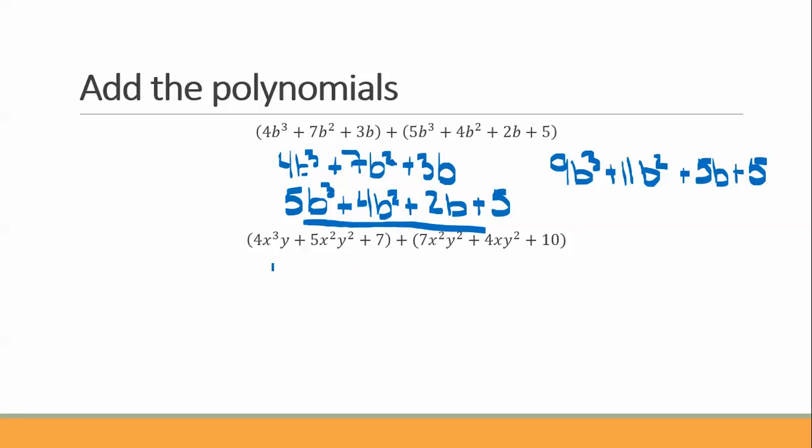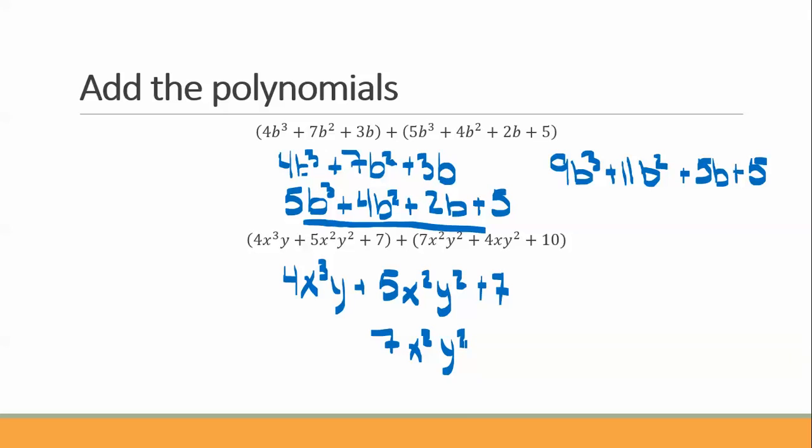Now this one, we have 4x cubed y plus 5x squared y squared plus 7, and we're adding to that 7x squared y squared. That's going to go under our 5x squared y squared plus 4xy squared.